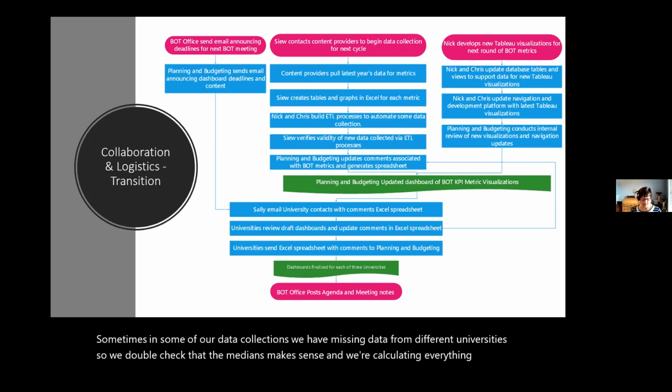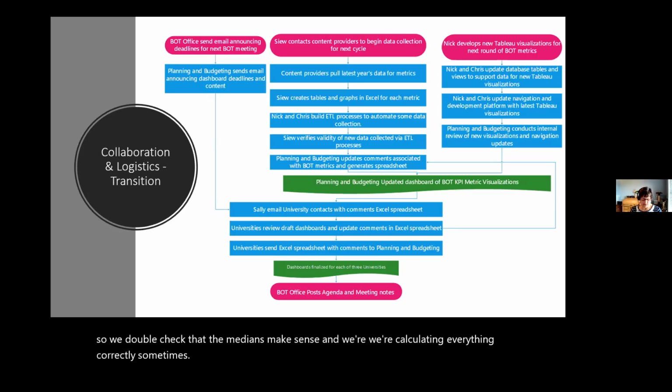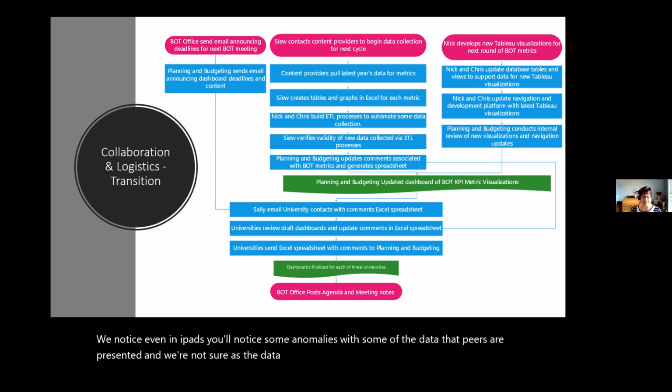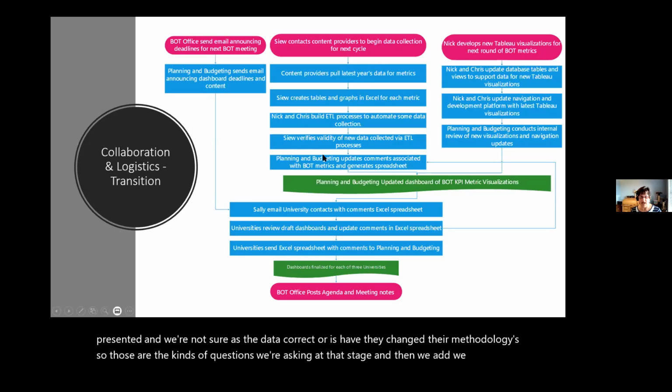Sometimes, even in IPEDS, you'll notice some anomalies with some of the data the peers have presented, and we're not sure: is the data correct, or have they changed their methodologies? Those are the kinds of questions we're asking at that stage. And then we update the comments as needed.